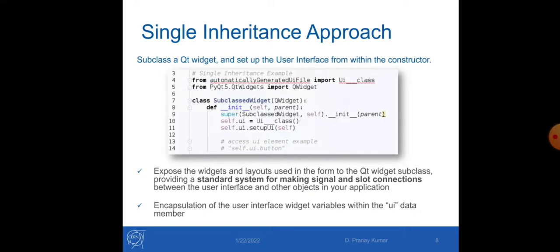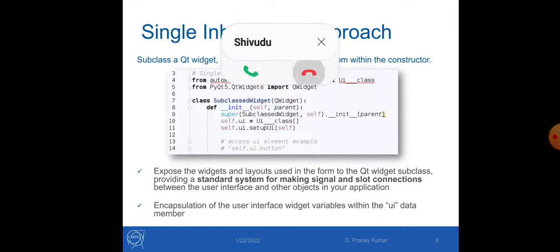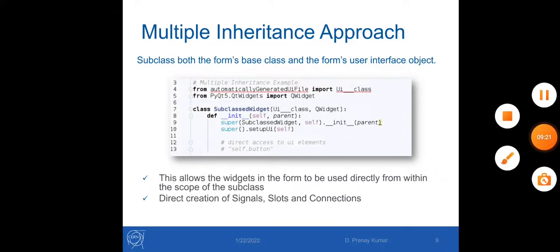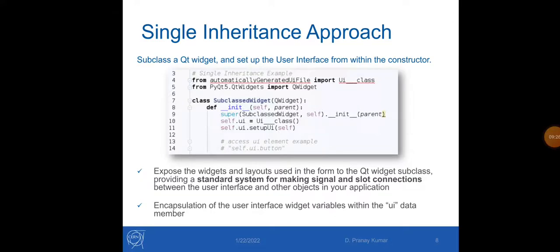Next, the single inheritance approach. Let's look into this in detail. Now in detail we'll look into the single inheritance approach. Subclass a QWidget and set up the user interface from within the constructor. This will expose the widgets and layouts used in the form to the QWidget subclass, providing a standard system for making signal and slot connections between the user interface and the other objects in your application.